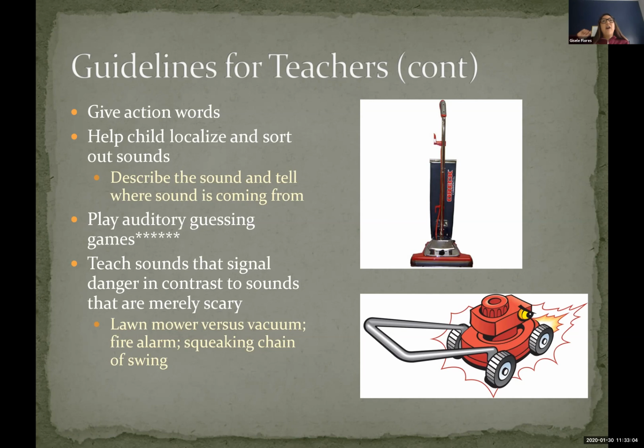Because you just play an audio, let's say of a vacuum cleaner, for example, and then you have to decide, is this just a loud sound or is this a dangerous sound? And then as a group, they can decide, but it's really supporting the child with vision impairment. And then you can play the sound of a lawnmower and realize, oh, that's a dangerous sound. I need to move out of the way if the lawnmower is coming. So that's an example of an auditory guessing game.